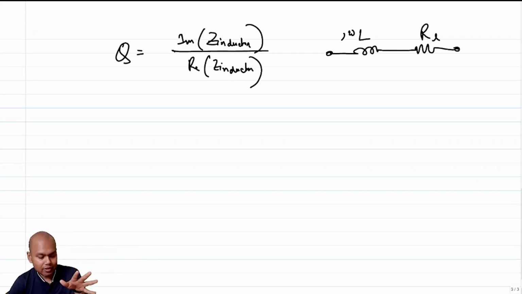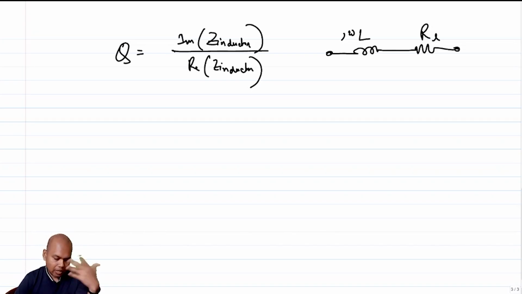But having said that, when you start from a very low frequency and you keep increasing the frequency, your Q tends to increase. For a perfectly designed inductor, you would like to design it in such a way that you get the maximum Q at the frequency of interest.